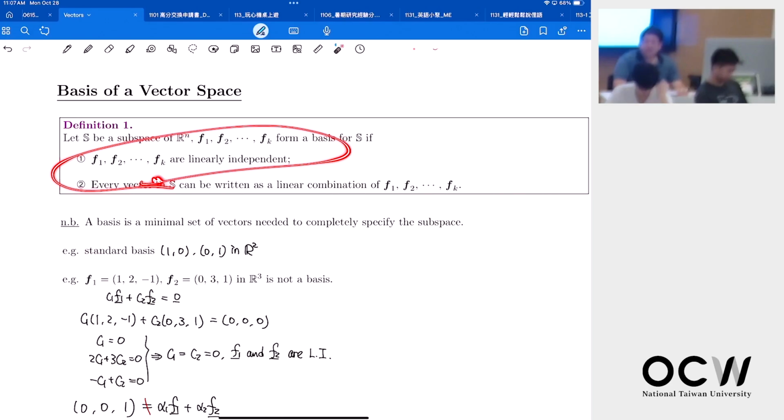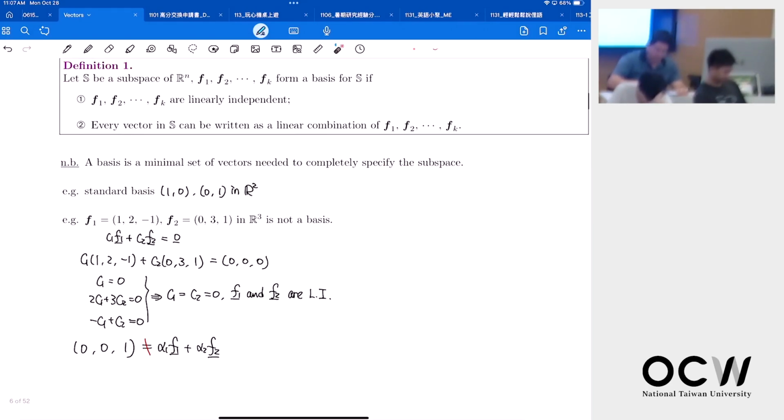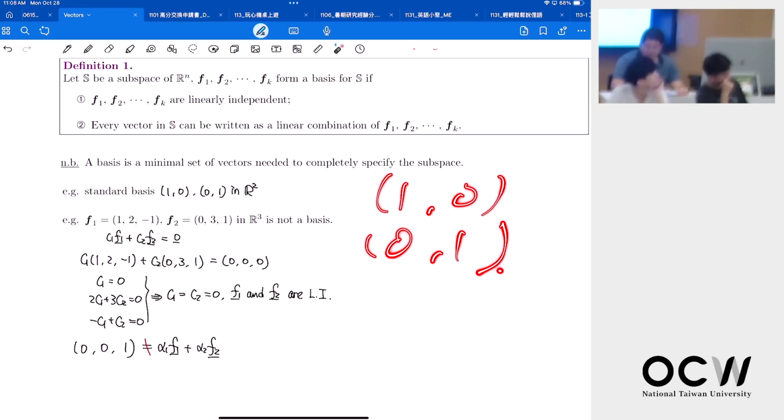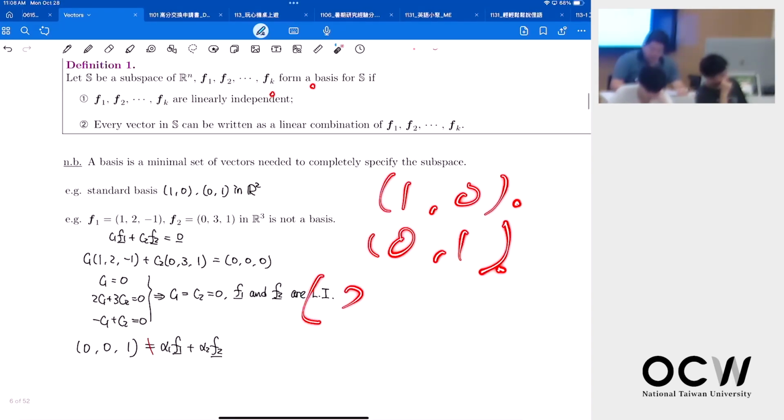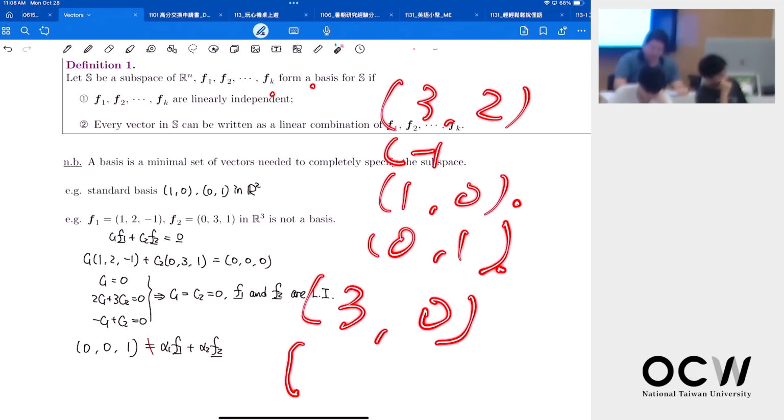But to get the orthogonal basis, we have some method. For example, (1,0) and (0,1) is a basis, right? And they are orthogonal. But a basis could also be (3,0), (3,2), or (-1,4). It could be a basis because any other vector can be expressed as a linear combination of these two vectors.